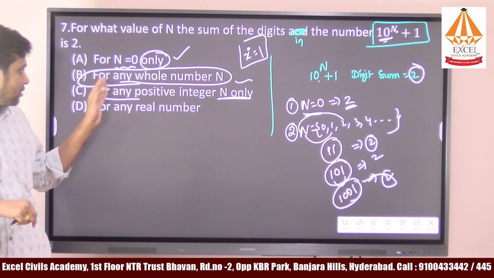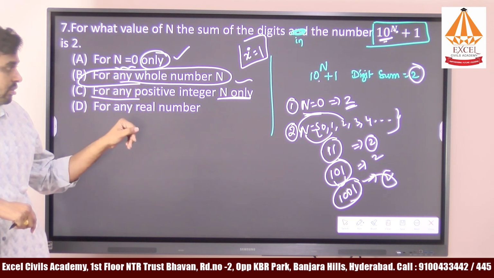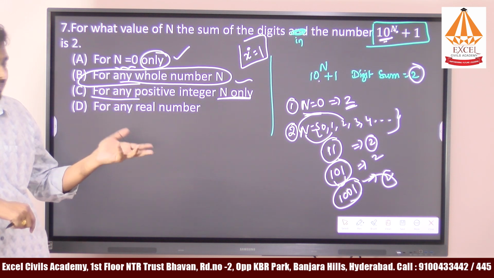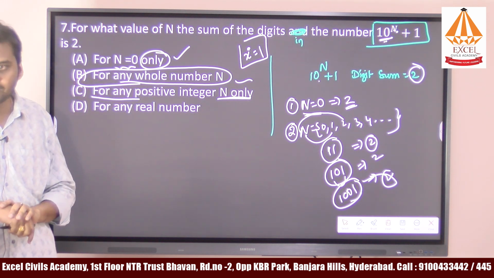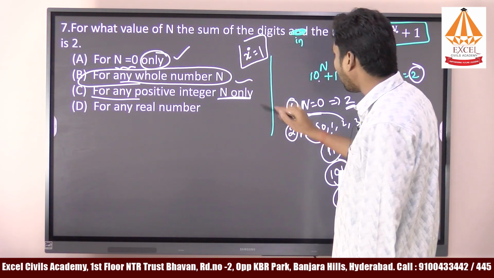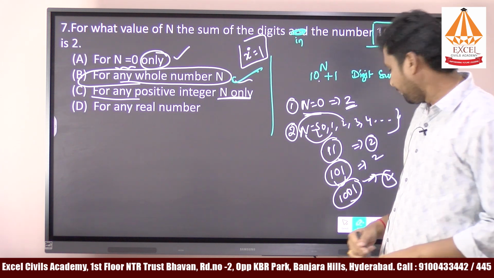This problem is not confined to only n is equal to 0 or n is equal to 1 or n is equal to 2. It is for most of the numbers. So the second option is the right answer. Again, this is an assumption-based or substitution-based method question.